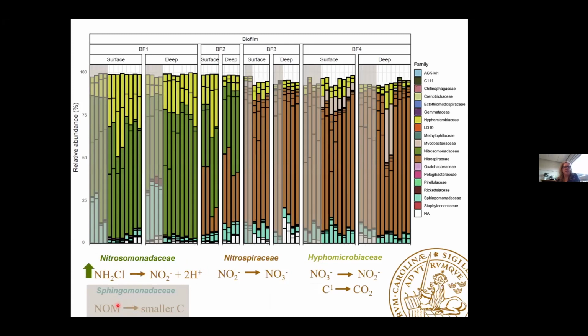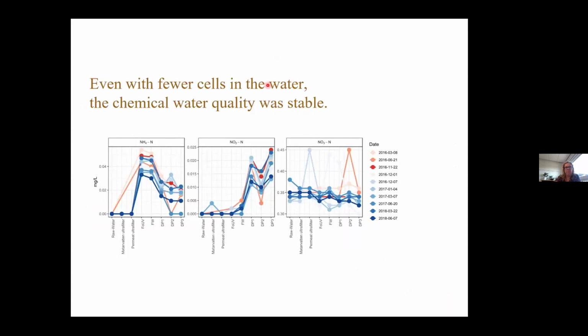And what this does is it increases the concentration of ammonia that's more or less felt by the biofilm. And so we saw an increase in Nitrosomonadaceae after UF. We saw the Sphingomonadaceae disappearing. And we saw downstream also that we had Nitrospiraceae, as well as a little bit of Hyphomicrobiaceae blooming.